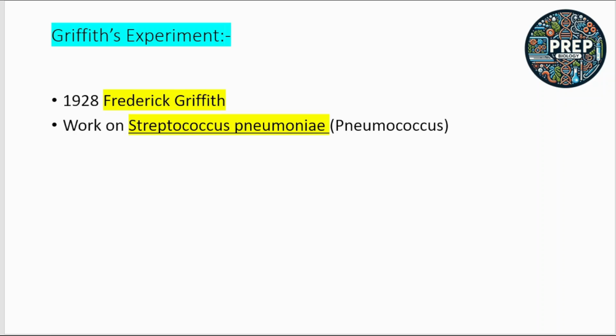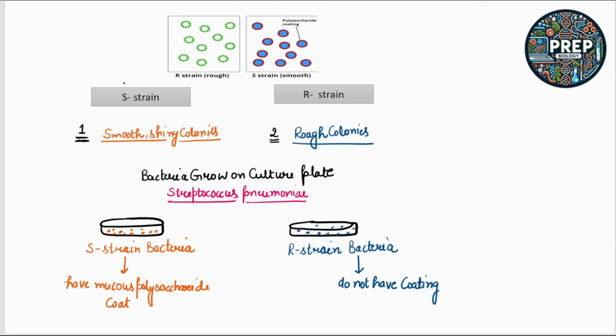So what did he do? Griffith chose two strains of this bacteria. First is the S strain and second is the R strain. S means the smooth strain, R means the rough strain.